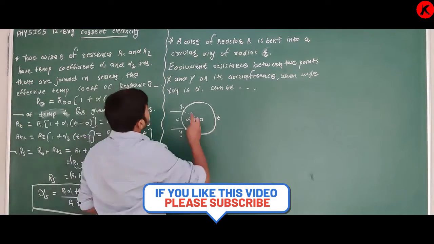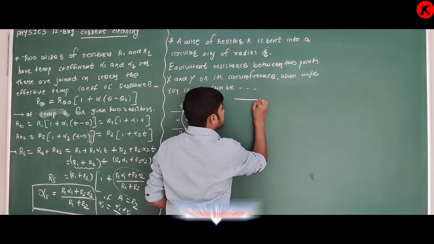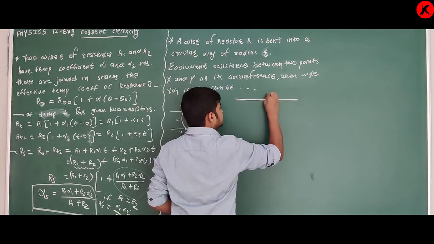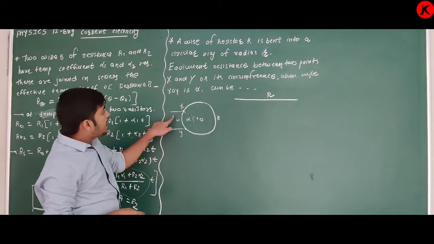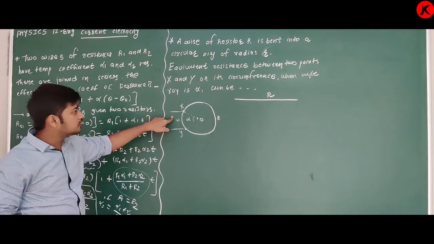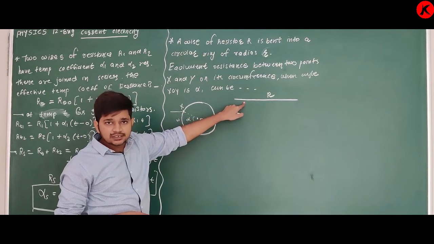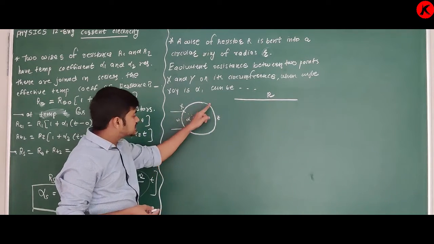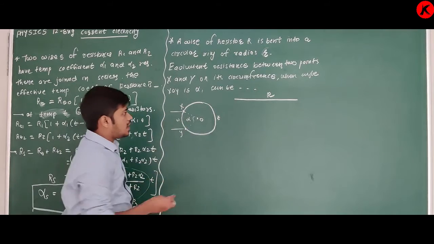See, one wire having resistance R is bent into a circular ring of radius r. So what happens? If the resistance of the wire is R, then the resistance of the ring is also R.